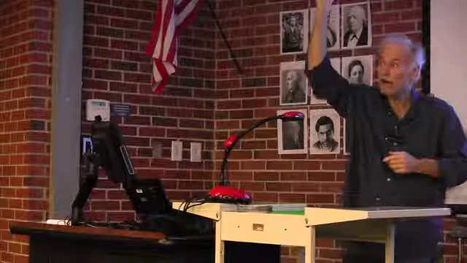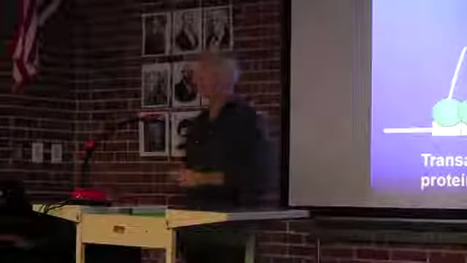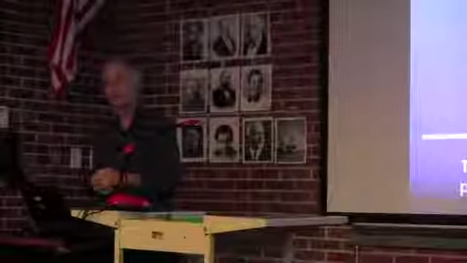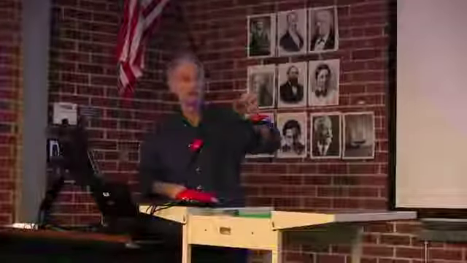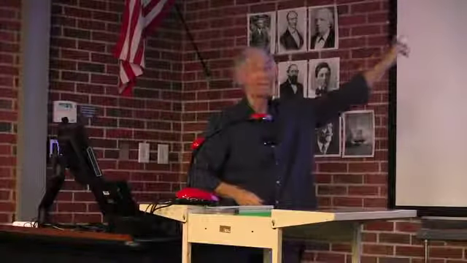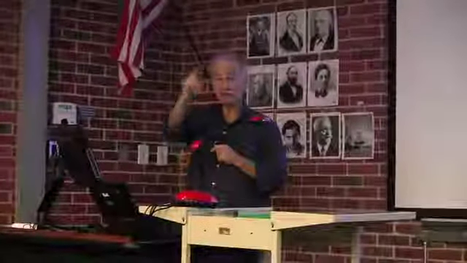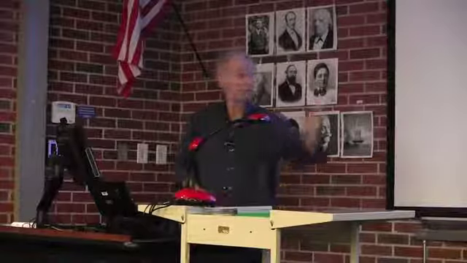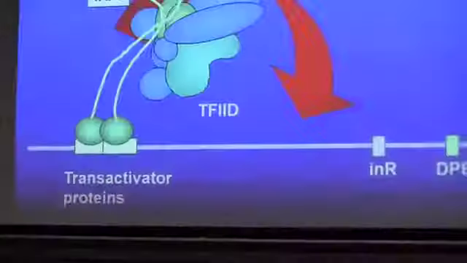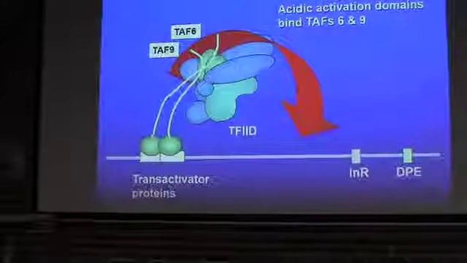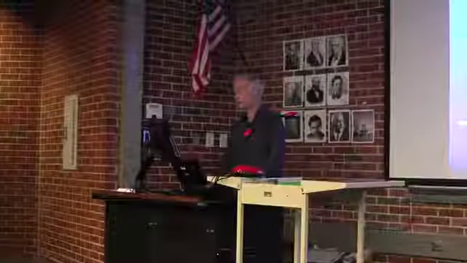So TFIID is not scanning necessarily, it's being grabbed out of the sky and slammed down on the promoter. The handles, the point of contact, are TAF 6 and 9. That's the second thing TAF 6 and 9 is doing, right? The first was to recognize the downstream promoter element. Here, the same TAFs are involved as targets for recruitment.